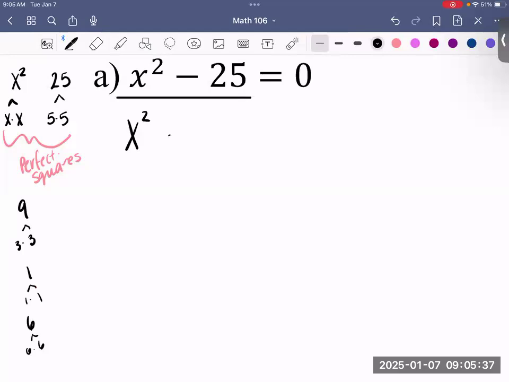So we're going to write out 25 as its perfect square. So here, right? And we're trying to factor to solve. Do we have any GCF to pull out? Well, unfortunately, no, there's no GCF. They have nothing in common, but we always want to check first. But what's nice about it in this form is that because everything's the same, we can write two x's and two 5s.